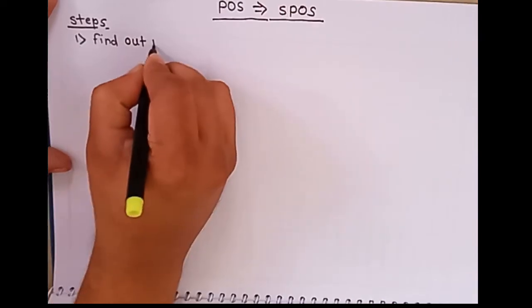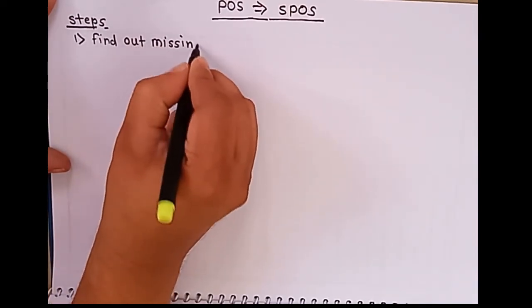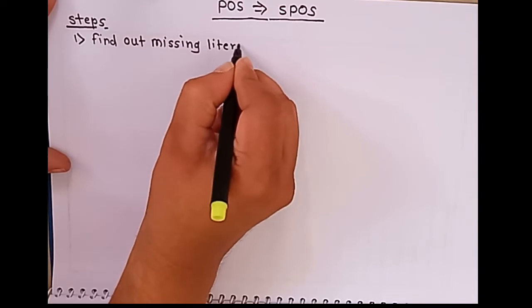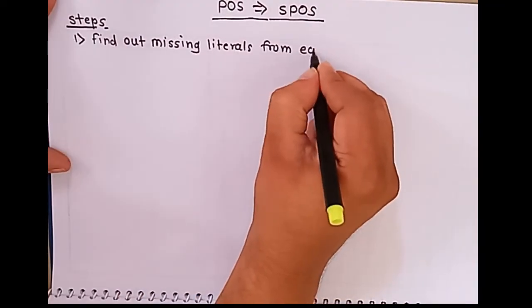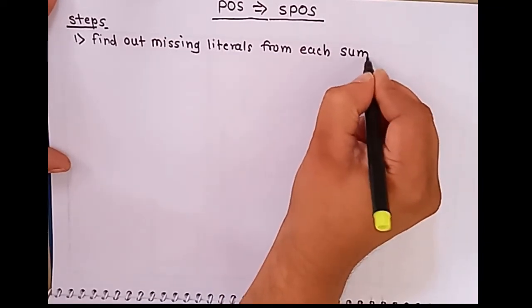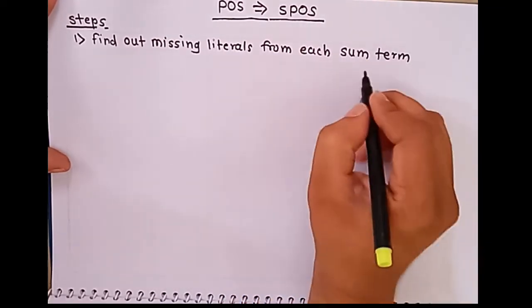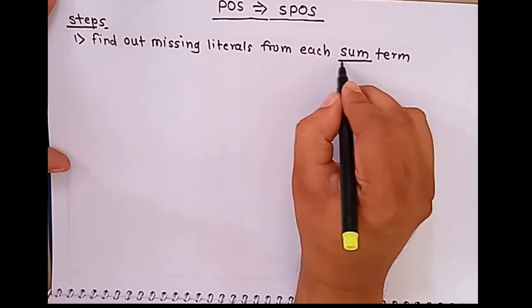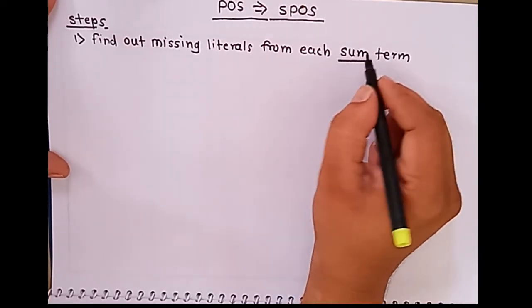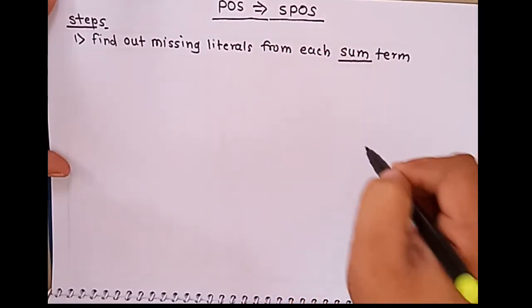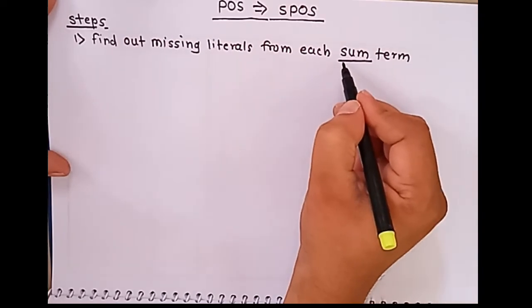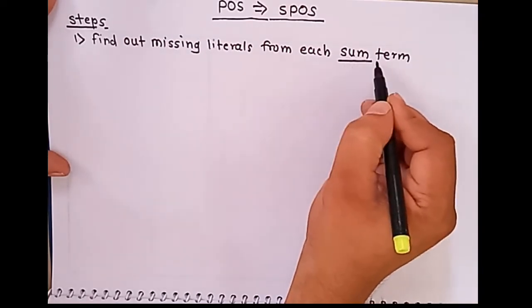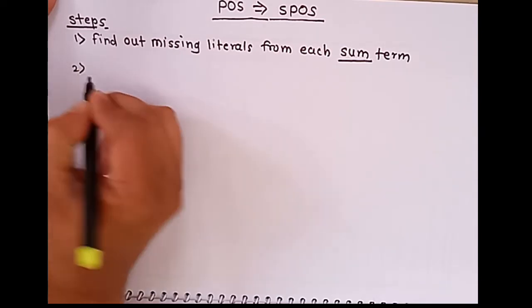Find out missing literal from each sum terms. Okay, here the difference you have to remember, it is sum terms, because in case of POS equation we have sum terms, and for SOP equation we have product terms. Okay, so in this case we have to find the missing literal from what? Sum terms.